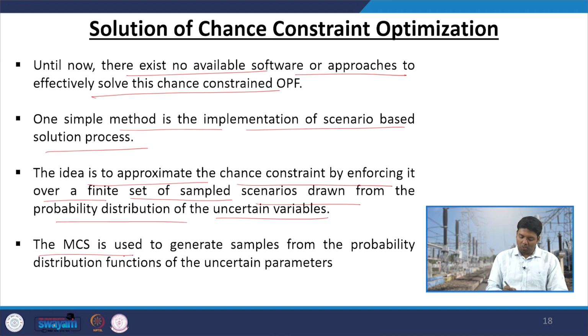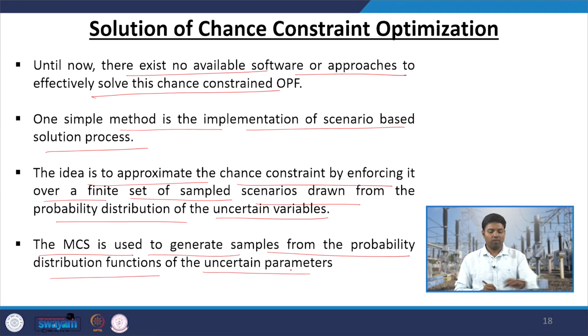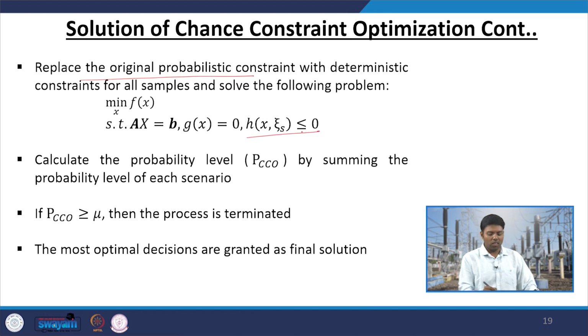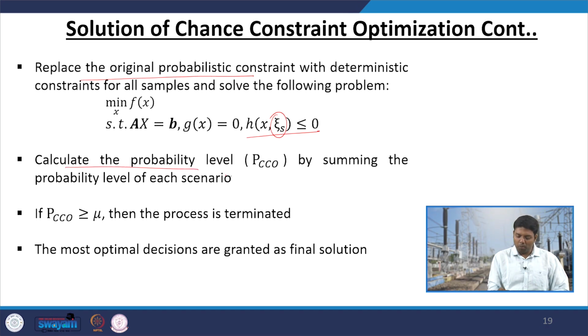The Monte Carlo simulation will again be used to generate the samples from the probability distribution function of the uncertain parameters. After that, replace the original probabilistic constraint with the actual constraint, okay, over the scenarios. Then solve it and calculate the probability level by summing the probability of each scenario.